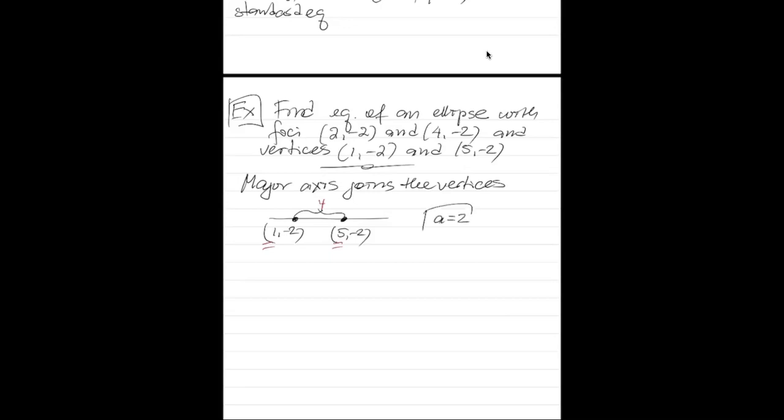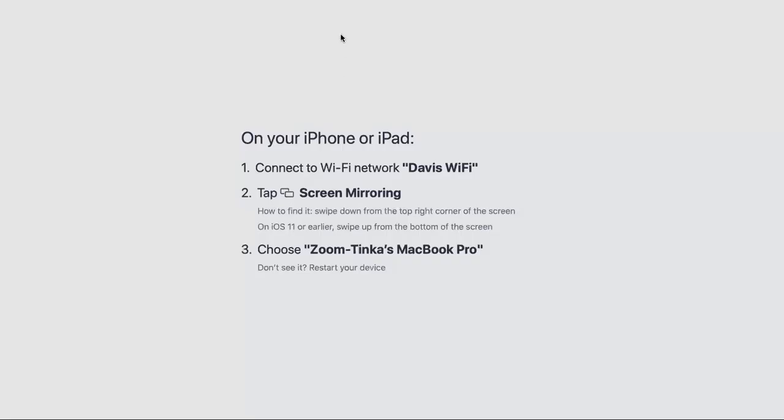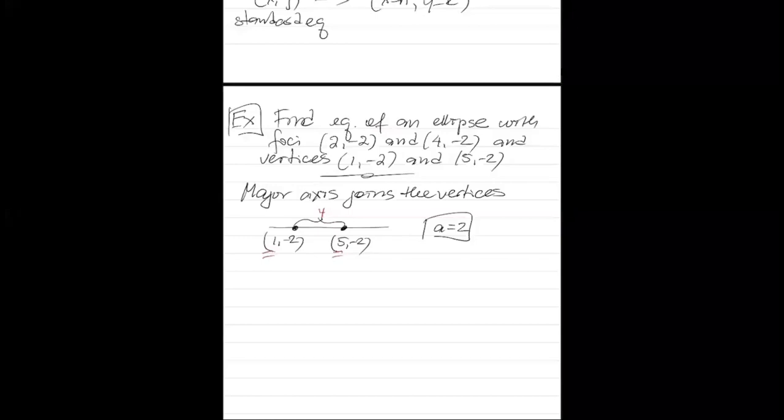So A is 2. Now, the distance between the foci, so the two foci, sorry about the pause.